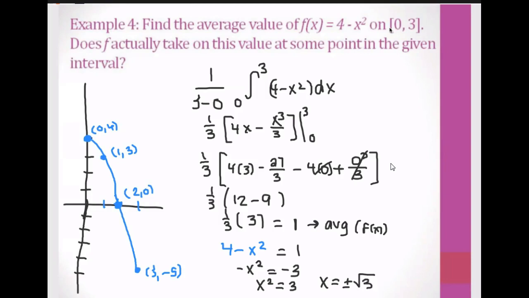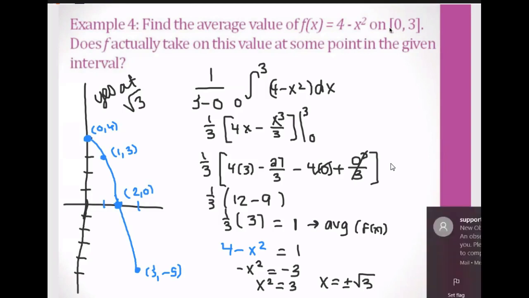So we get x equals plus or minus the square root of 3. Now we know that the negative square root is outside my interval. So that negative square root's outside that interval. So the answer is yes at positive root 3. The average value will equal the actual value. So yes, at root 3, the average will equal the actual.